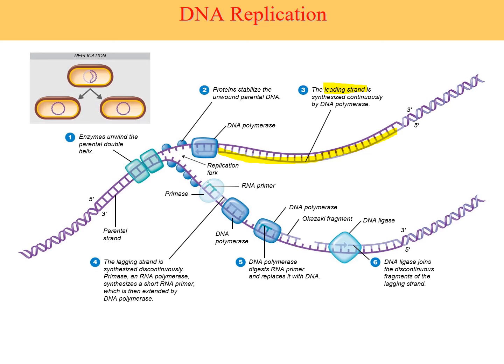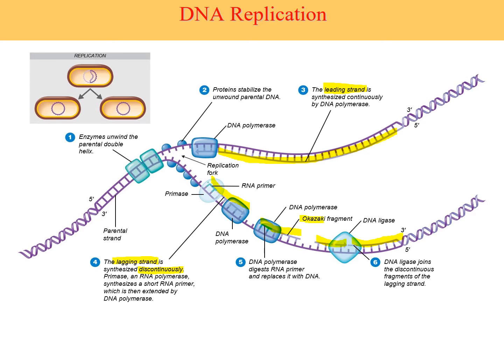And the other one that's made discontinuously, like this, followed by this, followed by this, always in the 5' to 3' direction, is called the lagging strand. So the new daughter strand being formed discontinuously in Okazaki fragments is called the lagging strand.